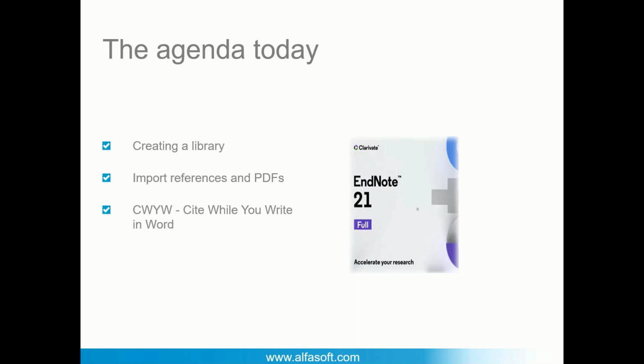We'll create the library, import some references and fill it with some information, and we'll see how you can use EndNote with Cite-While-You-Write, in writing your document in Word, for instance. And then we'll also try to get modern and introduce some AI to you. So how can you use EndNote and AI? In this case, I'll show you ChatGPT. How can you use them together?